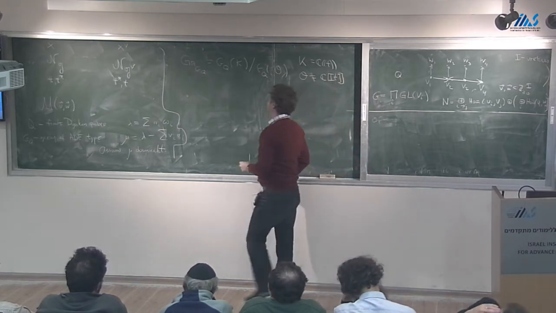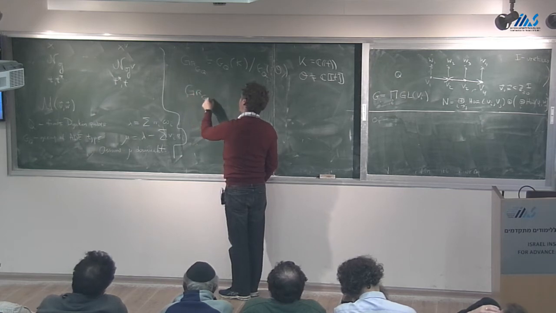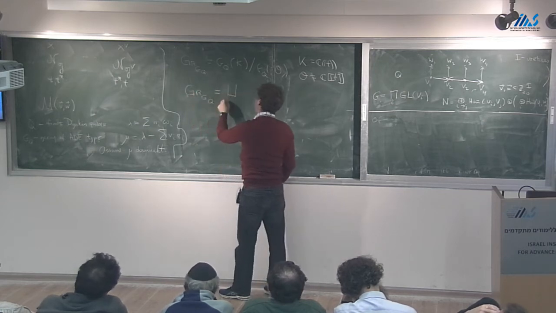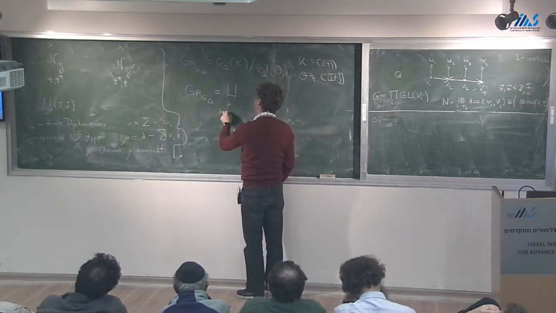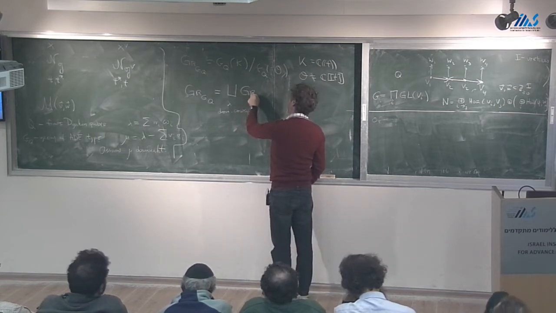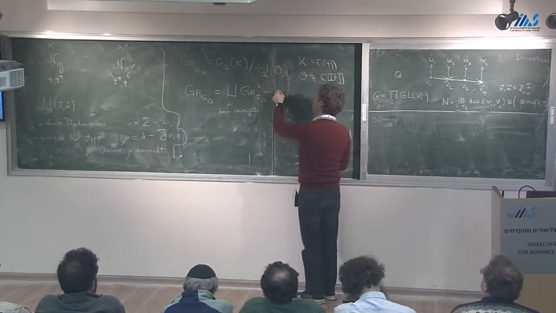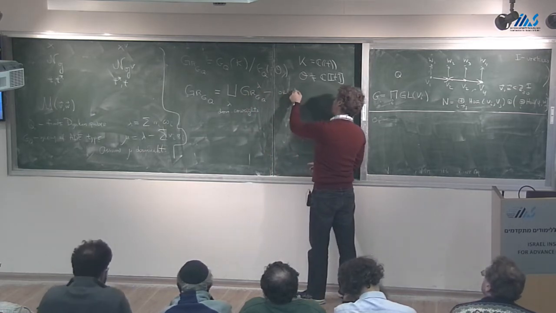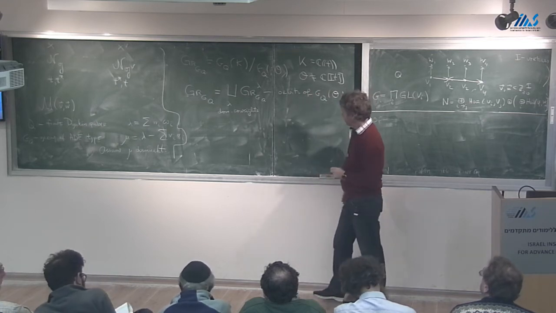And then, as usual, this thing is a union of finite dimensional varieties over lambda, which are dominant co-weights of G^Q, where these are orbits of G^Q(O).